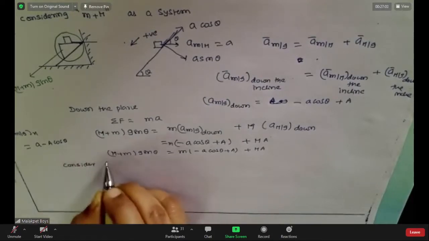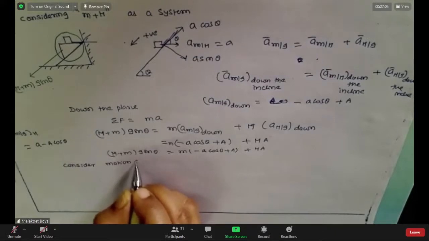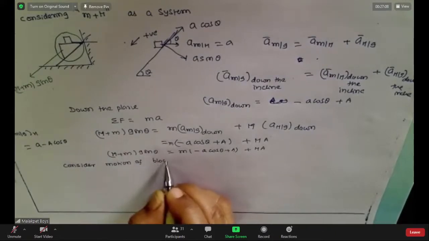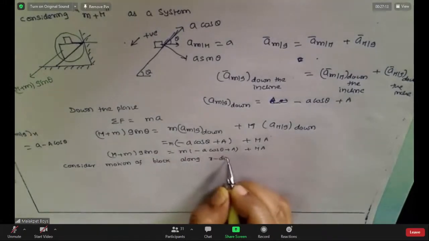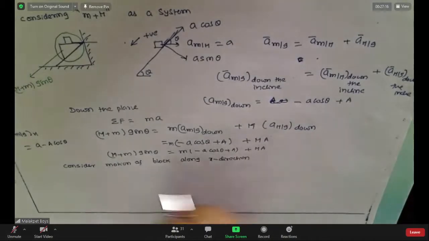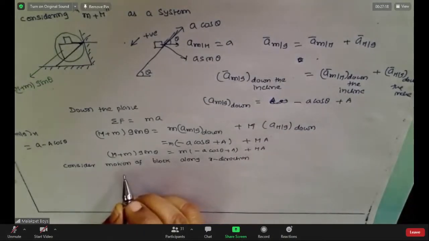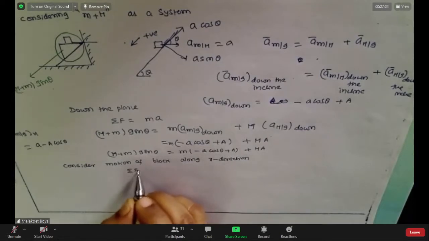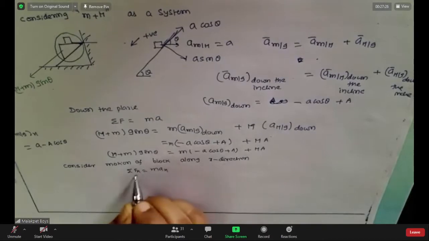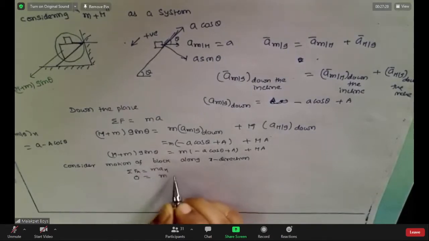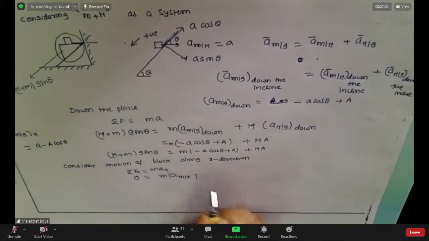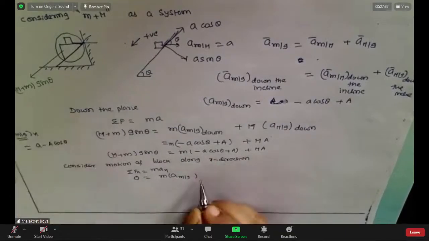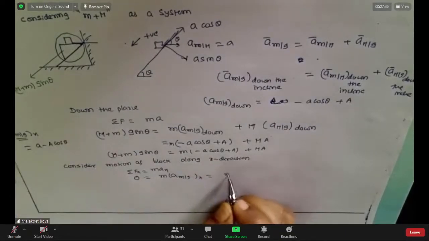Consider the net force in the horizontal direction. It is 0. Remember this? There is no force in that, no? On the block, what is the force in that? Nothing is there, because I am taking with respect to ground.